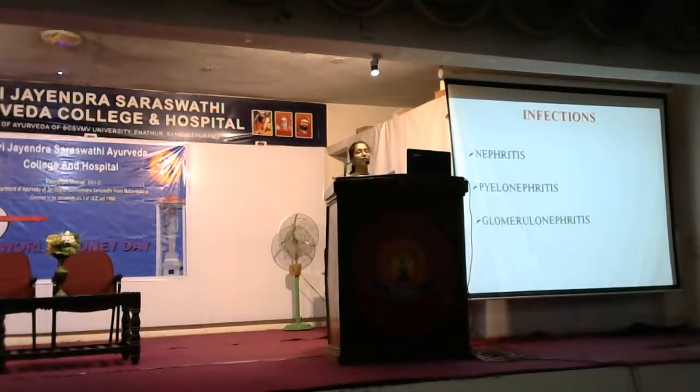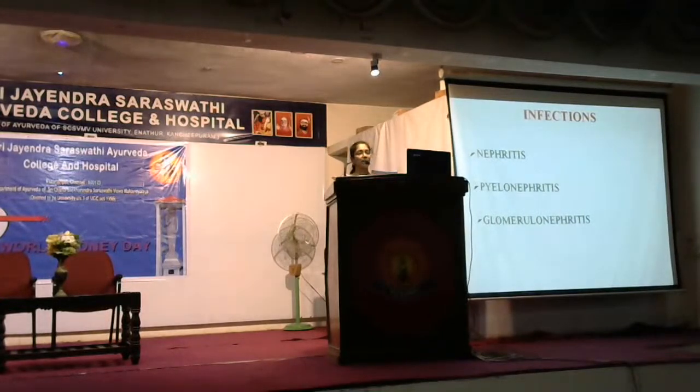Next, we move on to the infections. First one is nephritis, which directly means the nephrons of the kidney are inflamed and thereby the function is affected. Next is pyelonephritis. This is more specific because it usually occurs after an episode of lower urinary tract infection.